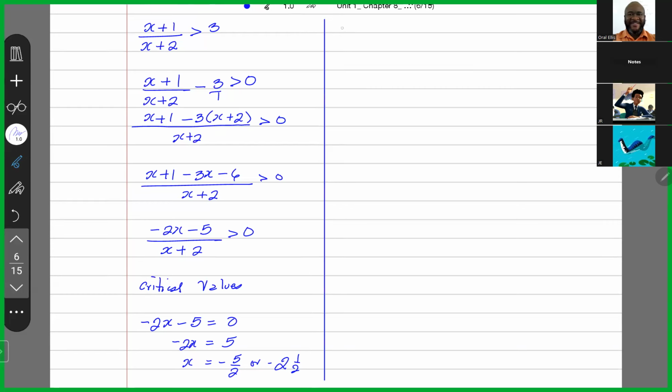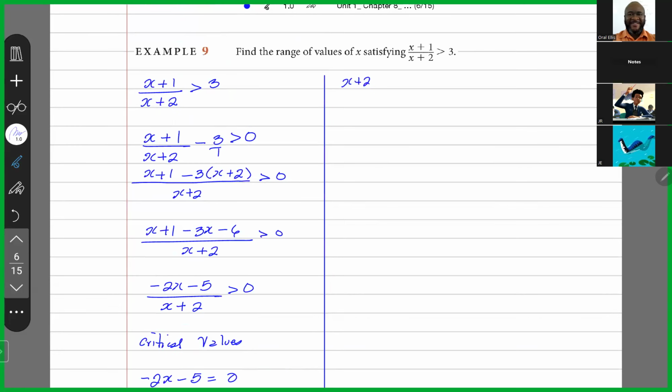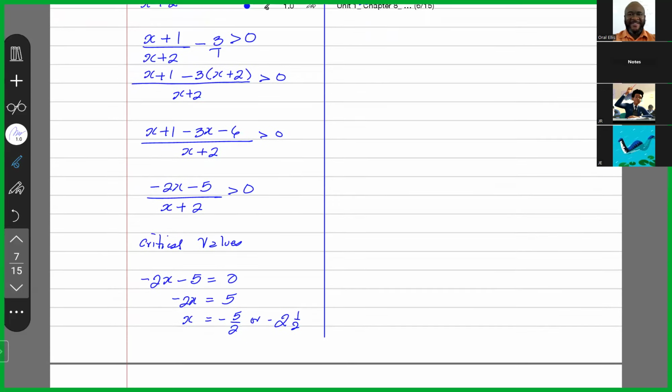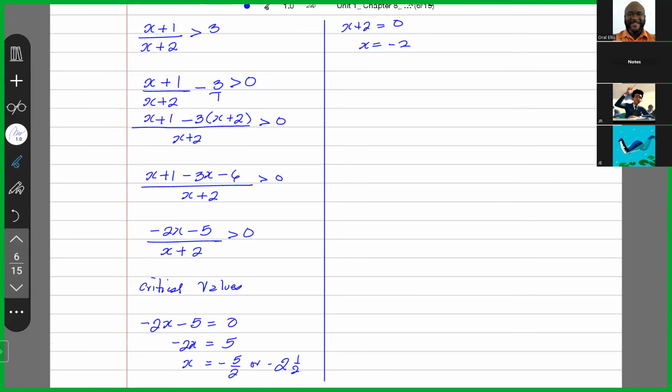The denominator is x plus 2, and we're going to put that equal to 0. And so x would be equal to minus 2. So our two critical values are x equals minus 2½ and x equals minus 2.